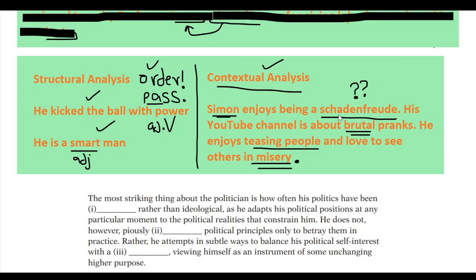A schadenfreude basically means someone who loves seeing other people in misery and pain, and enjoys seeing the misery of others, this kind of effect. So I was able to understand the meaning of this word just by focusing on the semantics, the meaning of other words and phrases.